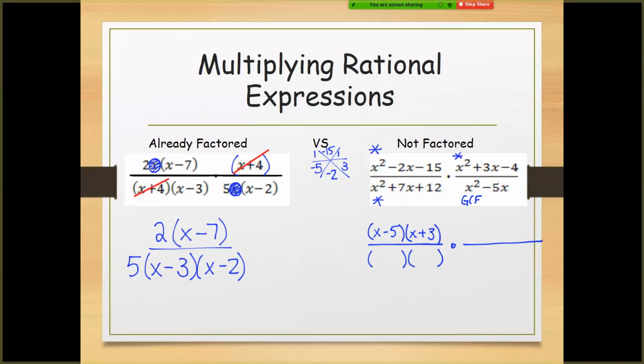I'm going to factor the denominator of that same fraction. 1, 1, 7, and 12 times 1 is 12. So we have 1 in the top left, 1 in the top right, 7 in the bottom middle, 12 in the top middle. We're looking for 2 numbers that multiply to give us 12, but add to give us 7.